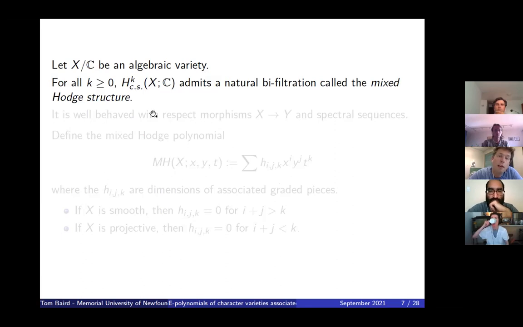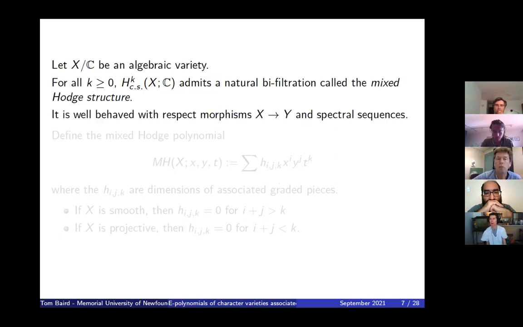For each degree, that cohomology will admit a natural bifiltration called the mixed Hodge structure. Okay, so this is a filtration by the weight filtration and the Hodge filtration. And it's natural because it's well behaved with respect to morphisms. So if you have a morphism of two algebraic varieties, the induced map on cohomology will respect these bifiltrations.